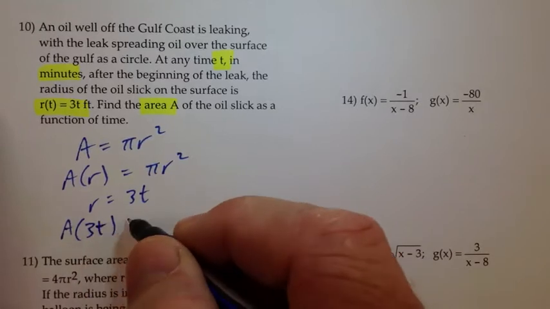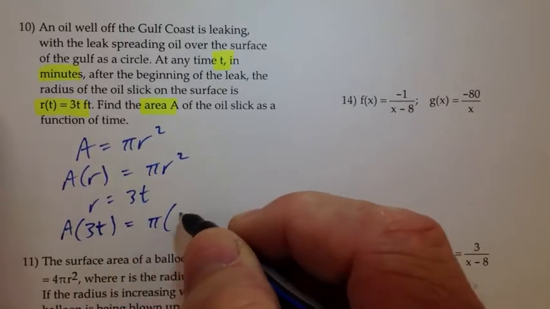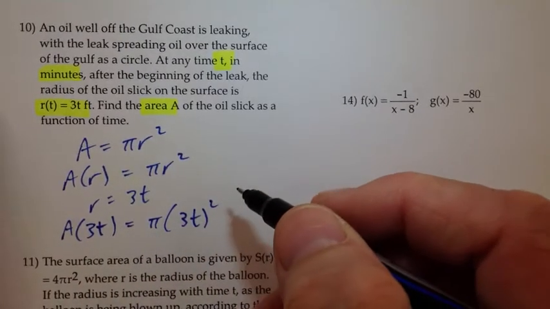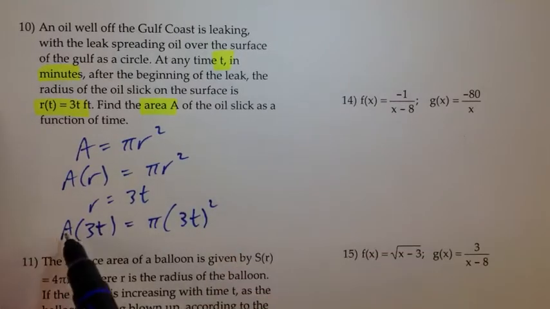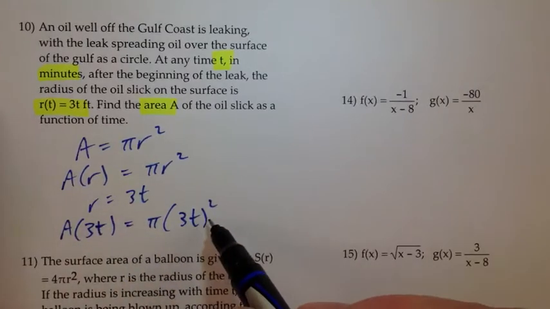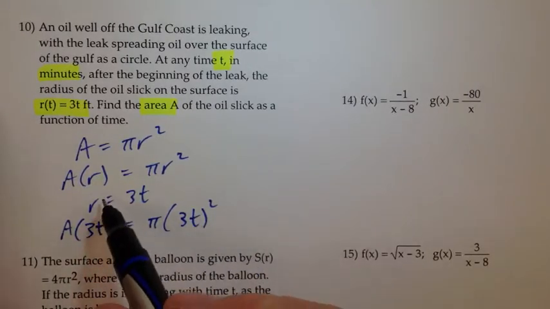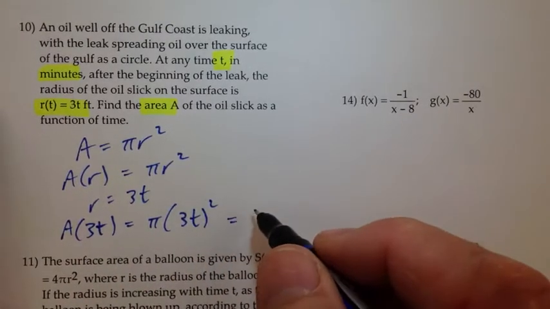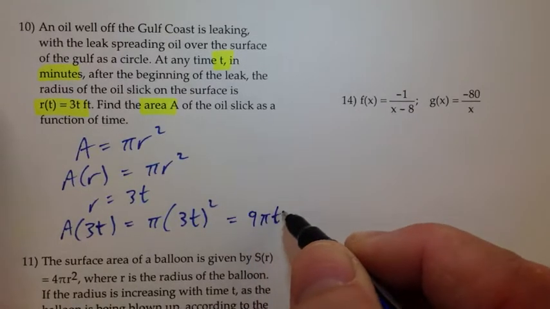So the area in terms of the radius is now pi times 3t squared. So area now dependent upon just time, because we just eliminate the r and write it as 9 pi t squared.